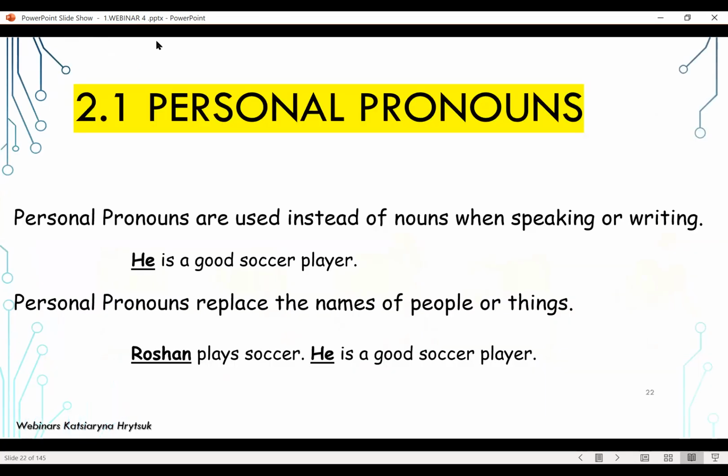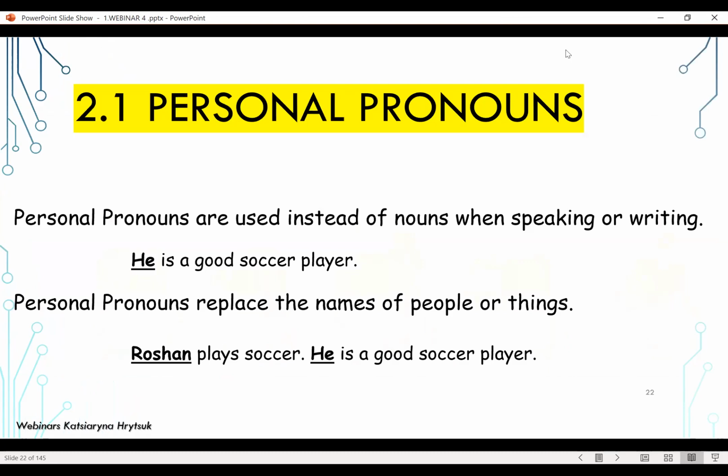So, personal pronouns. Emilia, can you help me to read it, please? Personal pronouns are used instead of nouns when speaking or writing. He's a good soccer player. Yes, football player or soccer player.